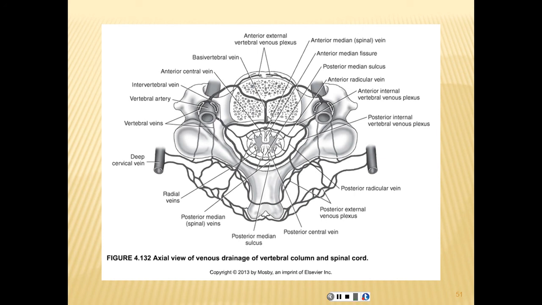And indeed it's necessary for it to be there, because that's how blood drains back into the major vessels, which is the vertebral venous system. That's it. That's it for the spine.